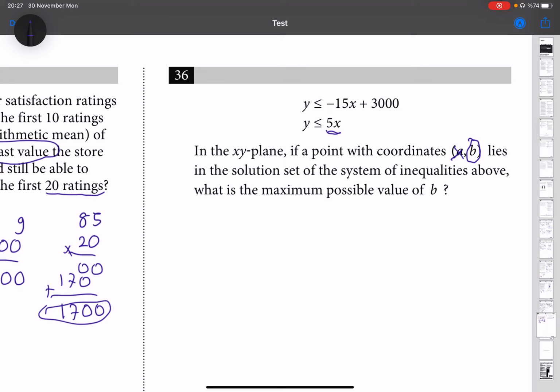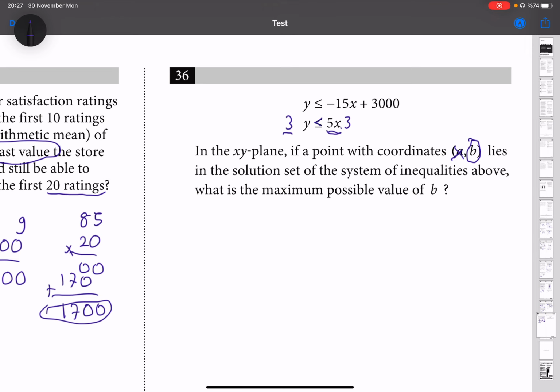So let's get rid of it by multiplying both sides of the inequality by 3. Since 3 is a positive number, the inequality does not change direction.